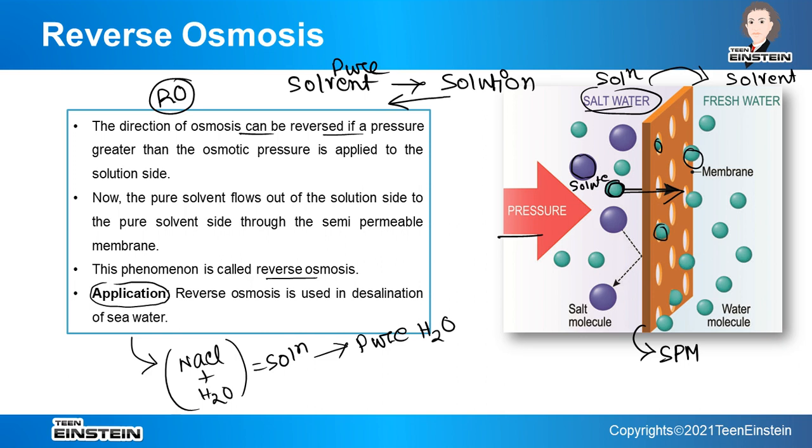We have to put some extra pressure. By this process, water molecules will come from this side towards the pure solvent side. As a result, we get desalinated water, because NaCl water is known as saline water. Desalination means we are removing the NaCl from the water. This is the very important application of reverse osmosis.